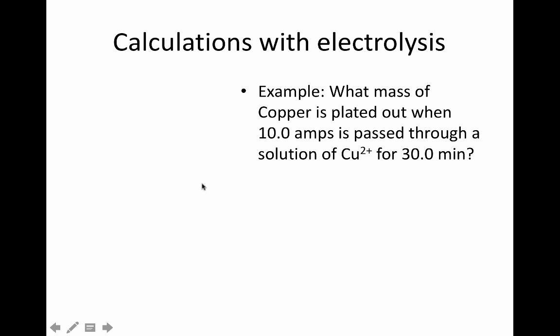So now calculations with electrolysis. An example calculation that you'll have to do is what mass of copper is plated when 10 amps is passed through a solution of copper ion for 30 minutes. So a couple of things that you need to know. Reminder that there are 96,485 coulombs in 1 mole of electrons.